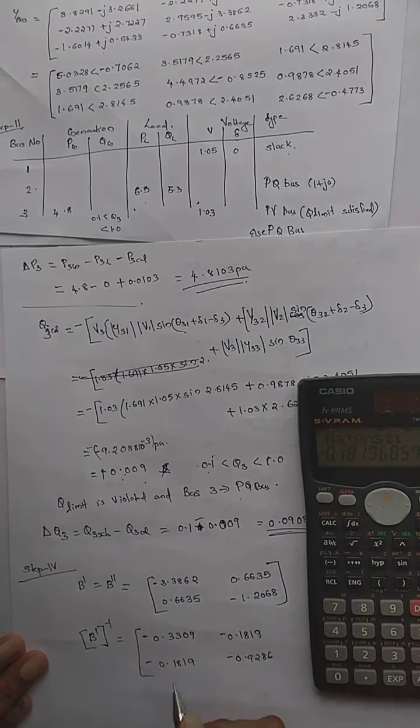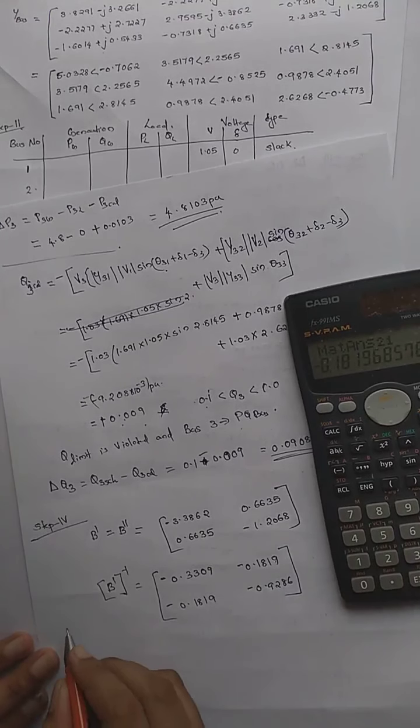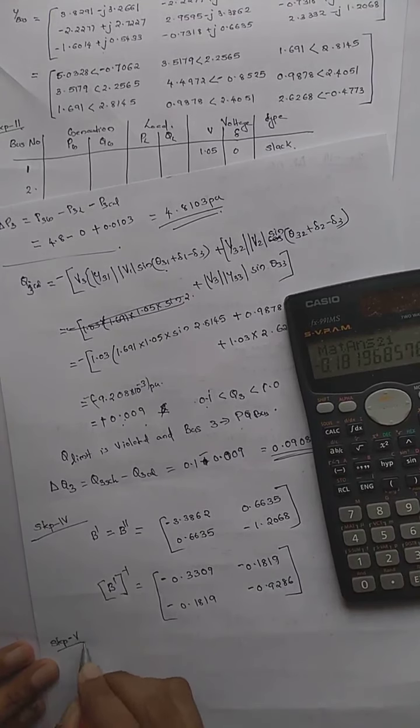Okay, so this is my B inverse matrix. This is how I have found out my step 4.